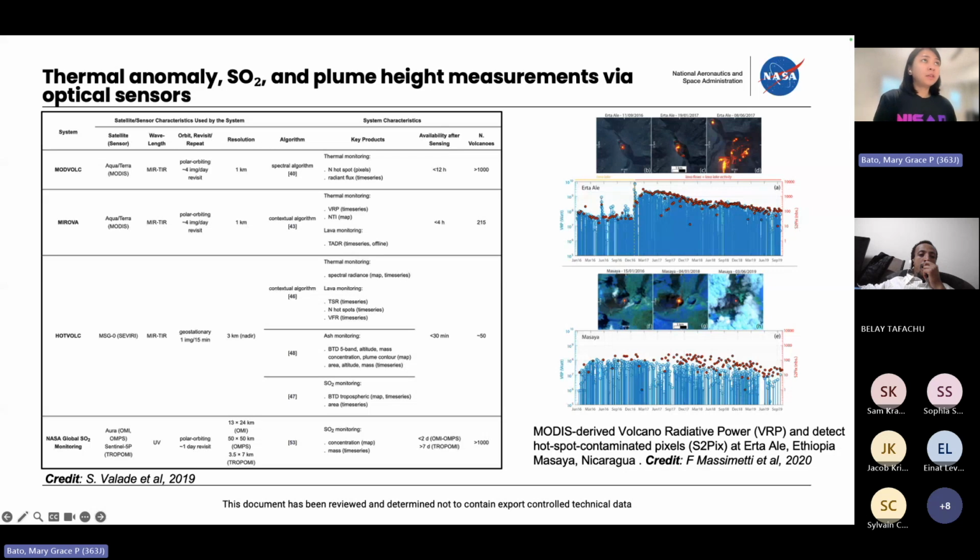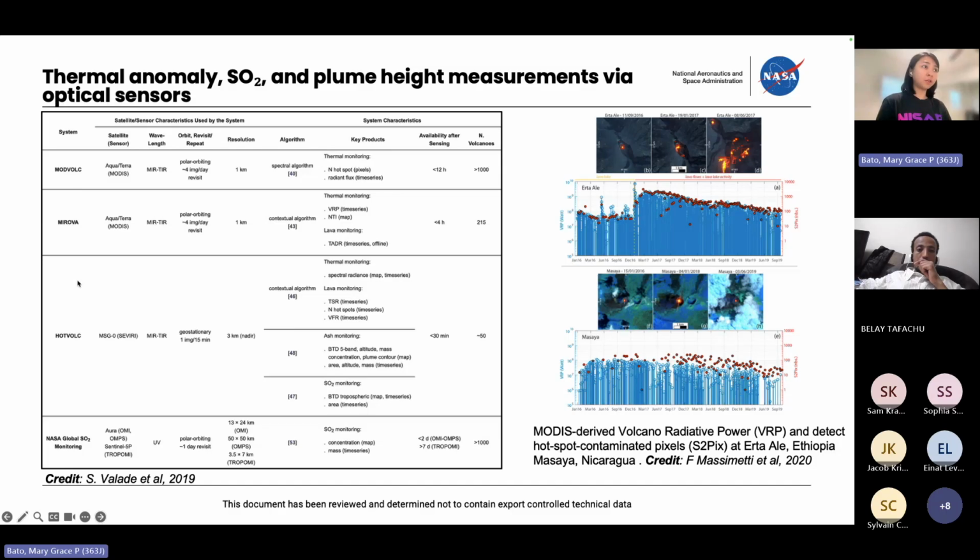So in terms of optical sensors, thermal anomaly, SO2, and plume height measurements, this is a very good summary of the different satellite sensors and their characteristics that are currently available, and what organizations or projects are providing them.